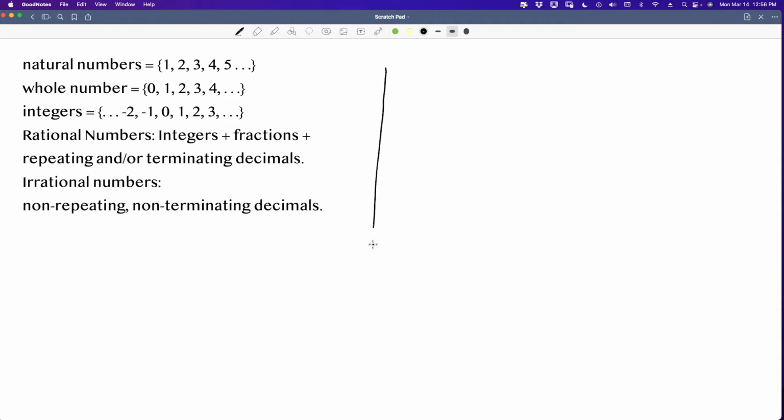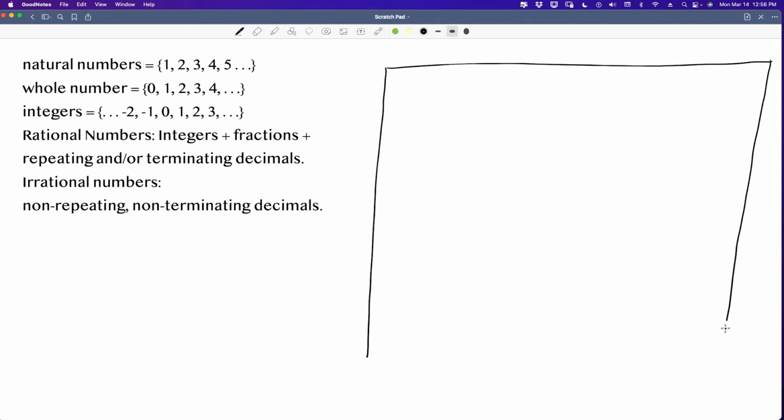So think of it as like, this is the world, even though it's a square. Within our world, we have numbers, and we call those numbers real numbers. They are the reals, the real number system.